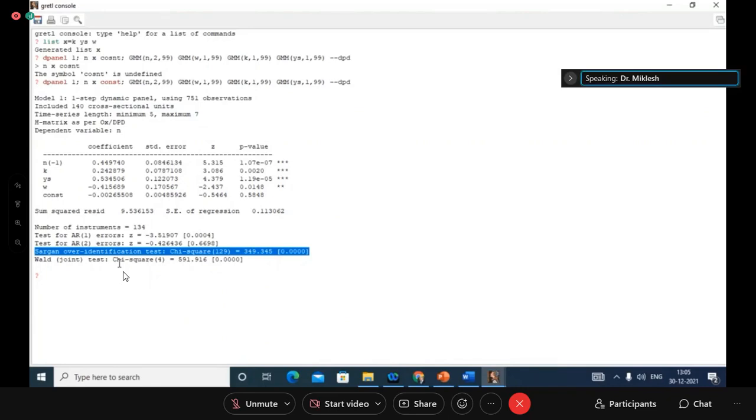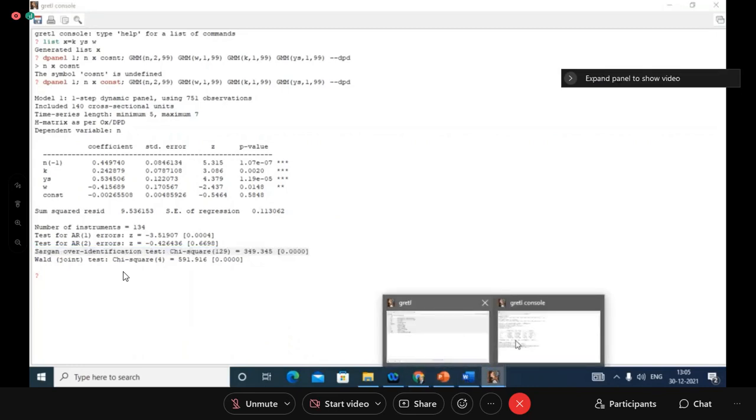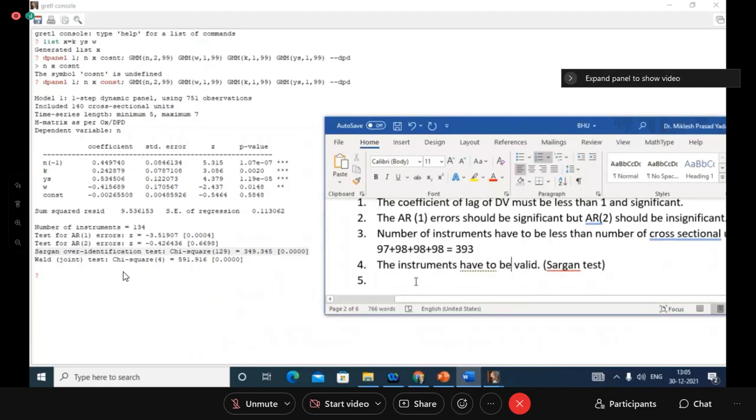What is my null hypothesis? My null hypothesis is instruments are valid.